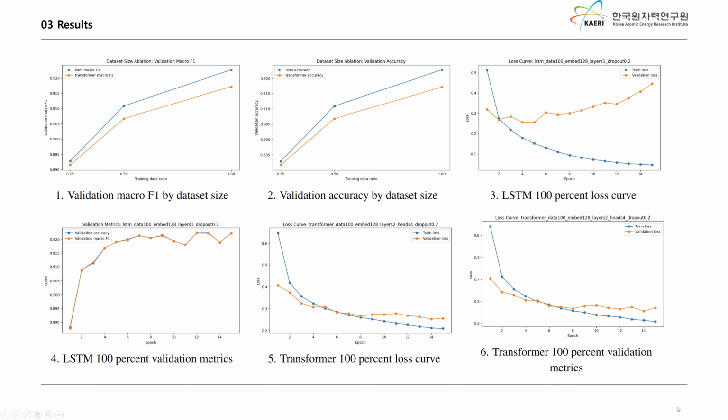These learning curves highlight their different convergence behaviors. If you look at the LSTM's loss curves on the right, its validation loss begins to rebound halfway through the training, indicating slight overconfidence in later epochs.